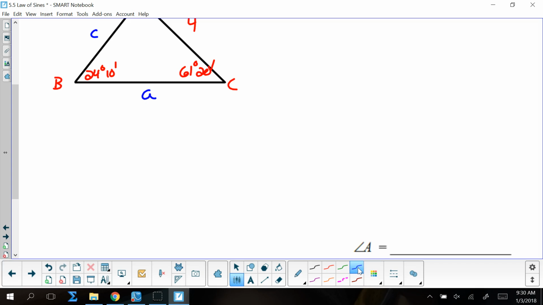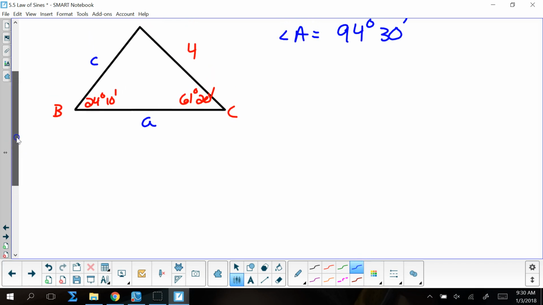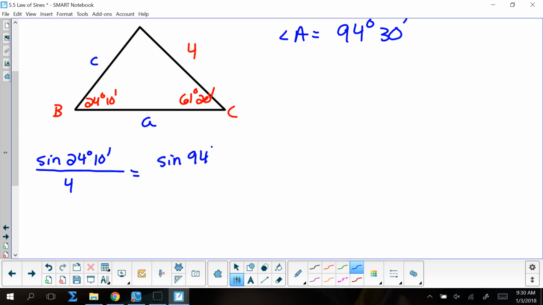Let's go in alphabetical order. The sine of 24 degrees 10 minutes divided by 4 is going to equal the sine of 94 degrees 30 minutes divided by side A. That's one of them.